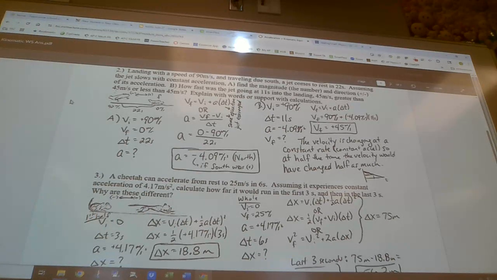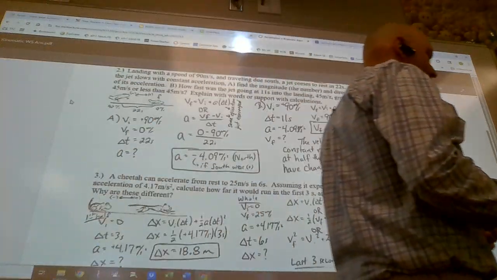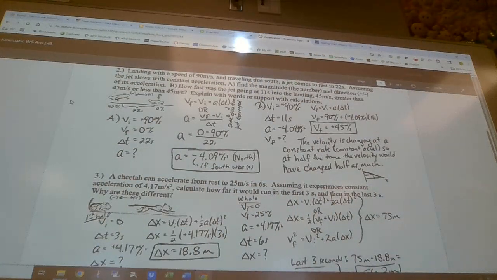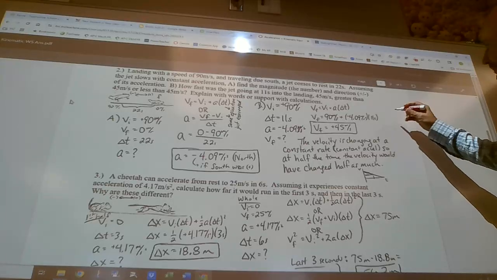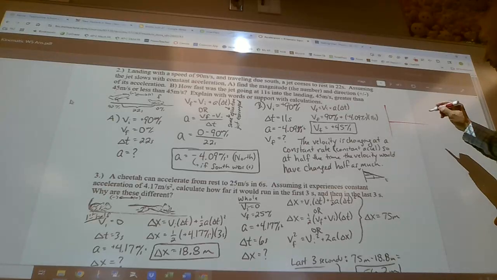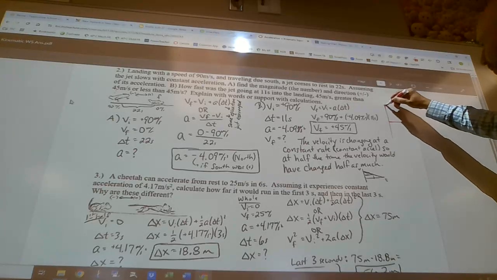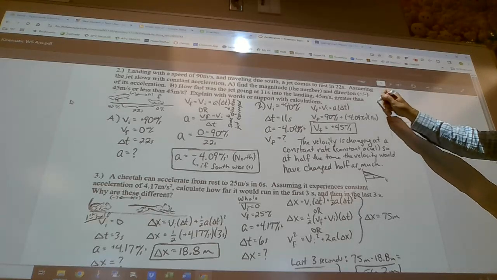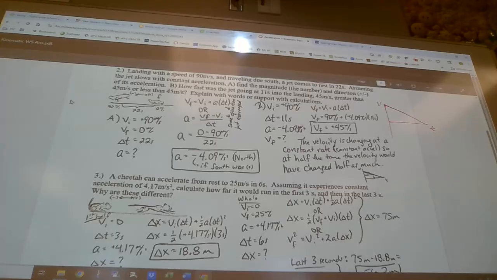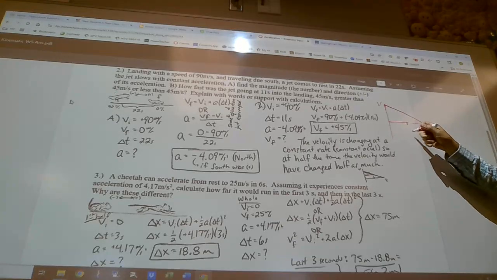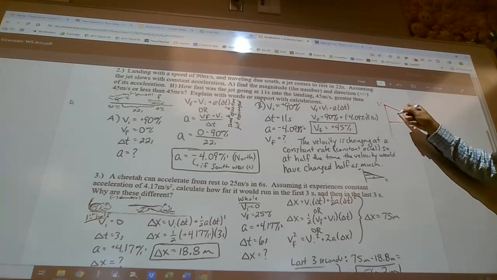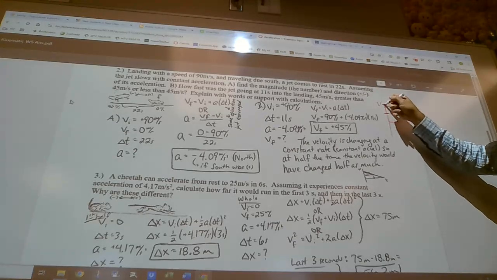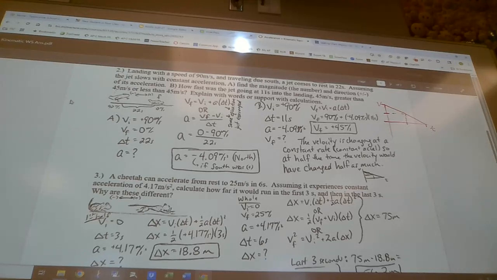Number two, part B, I ask at half the time, are you at half the speed? There might have been some issues of rounding, but it should have been really close. If you do a velocity versus time graph, at half the time, whatever time that was, 22 seconds, at 11 seconds, that should be half the change in velocity.